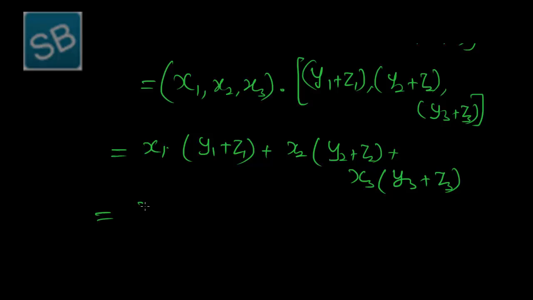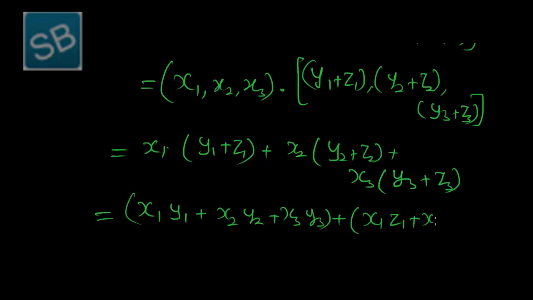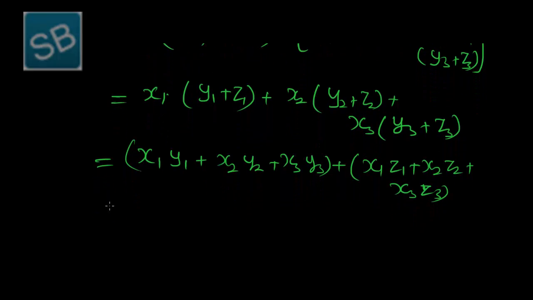So we get x1 y1, x2 y2, x3 y3 in the first bracket plus x1 z1, x2 z2, x3 z3 in the second bracket. So we get vector x dot y plus vector x dot z.